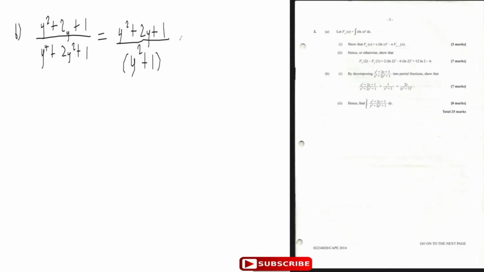Then by partial fraction, I know I can separate it as ay plus b over y squared plus 1 all squared, plus cy plus d over y squared plus 1. I can separate it like that.